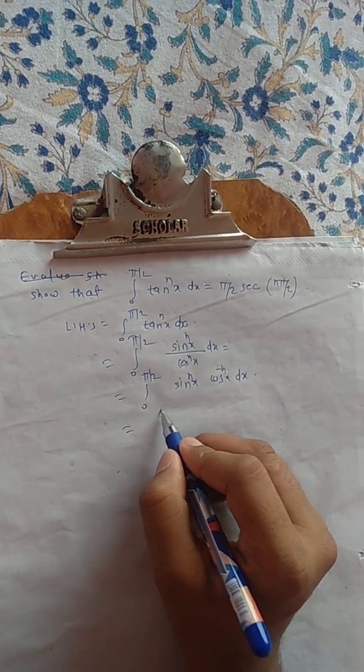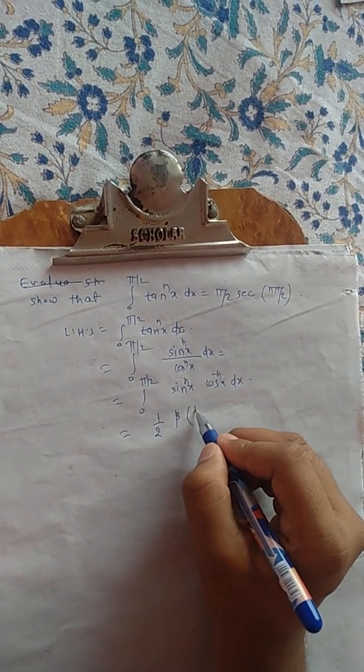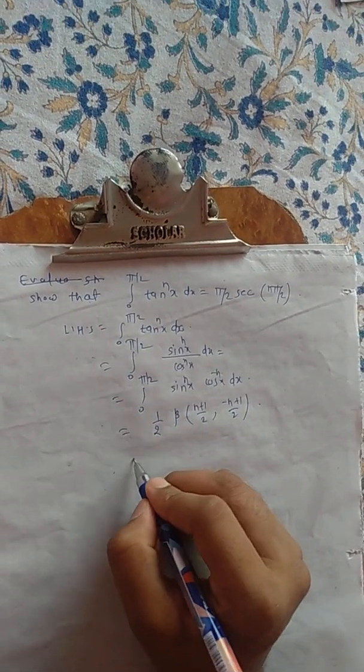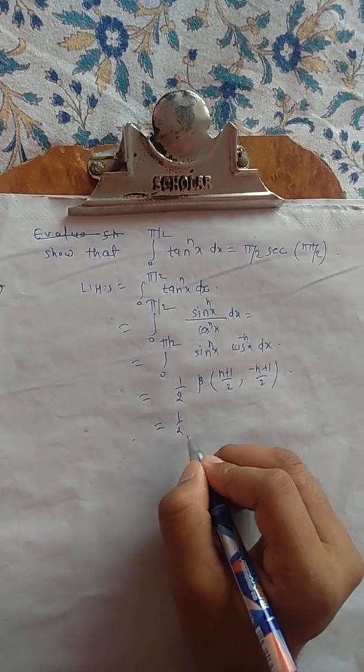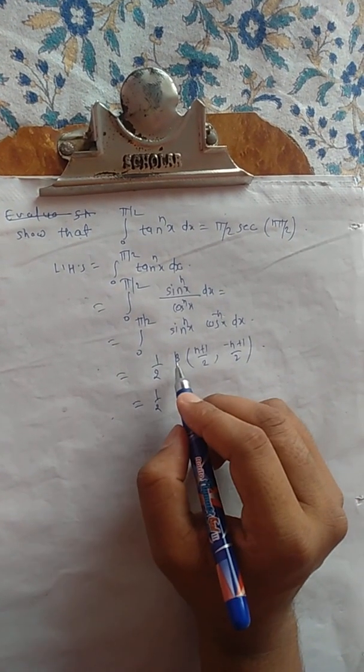The value of this integral is 1 by 2 beta of n plus 1 by 2, minus n plus 1 by 2, and we have the relation between beta and gamma.